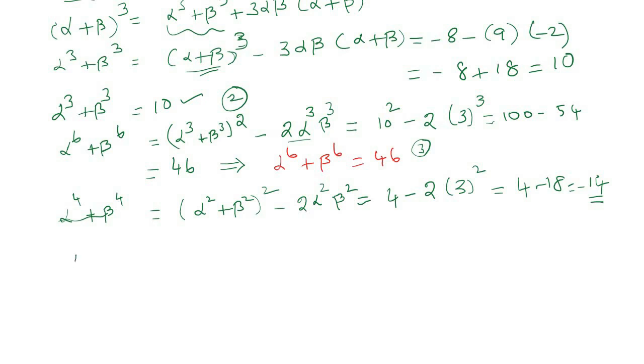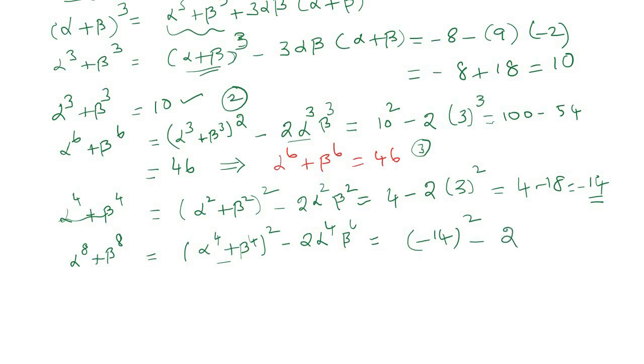Now let us find out alpha to the power of 8 plus beta to the power of 8, which is equal to (alpha to the power of 4 plus beta to the power of 4) whole square minus 2 alpha to the power of 4 beta to the power of 4, which is equal to alpha to the power of 4 plus beta to the power of 4 would be minus 14 square, then minus 2 into (alpha beta) to the power of 4, alpha beta is 3, so this is 3 to the power of 4.